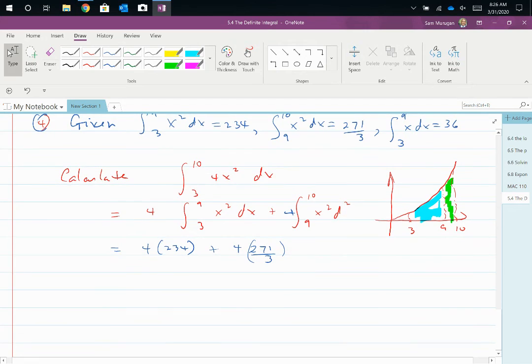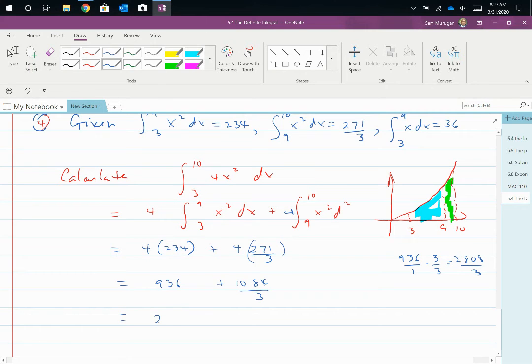So we have to work a little bit on simplifying this. 4 times 234 is 936. And 4 times 271 is 1084 over 3. So 936 over 1, if we multiply both numerator and denominator by 3, we get 2808 over 3.